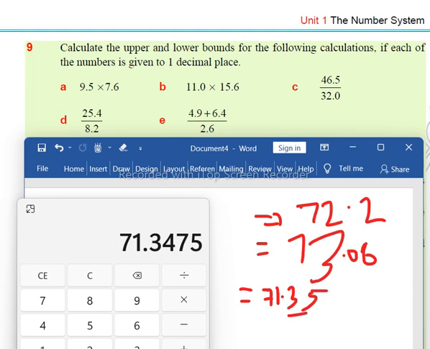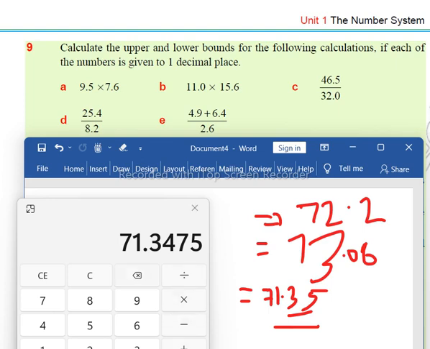Let us compare with the original answer. The original is 72.2, the upper bound is 73.06, and the lower bound is 71.35.